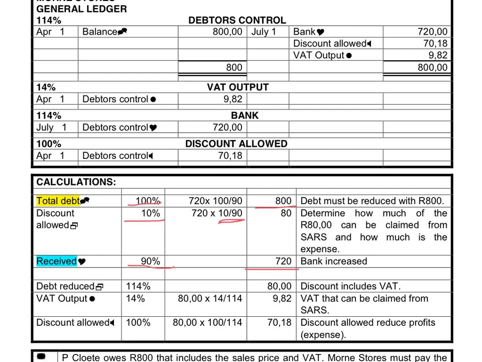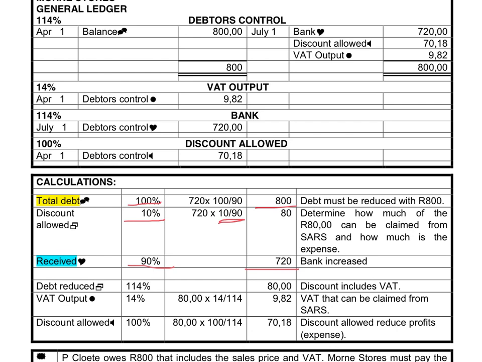When these goods were sold to the debtor, we paid over VAT on the total amount of 800 rand. Now all the money is not received. Therefore, it means that we didn't collect VAT on behalf of SARS.